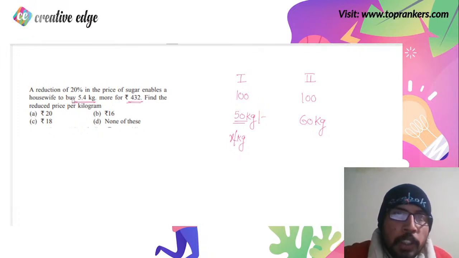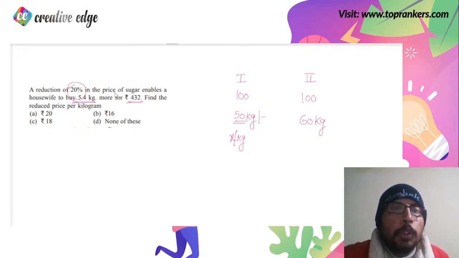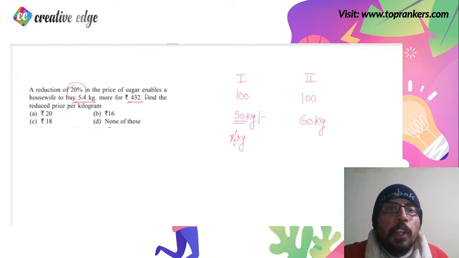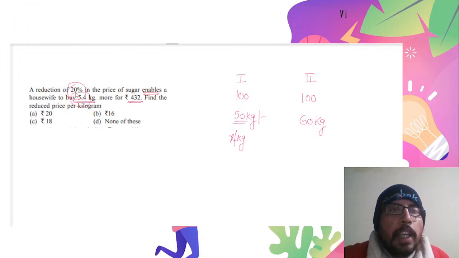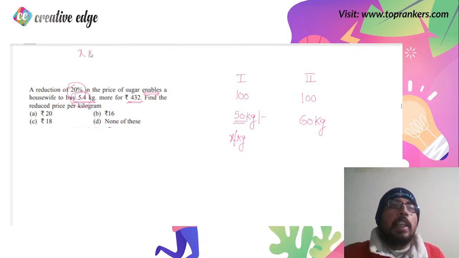So this is what is happening in this question: there is a reduction in the price of sugar, and this is what enables a housewife to buy 5.4 kg more sugar. Means earlier if she was buying x kg, this time she is buying x plus 5.4 kg.